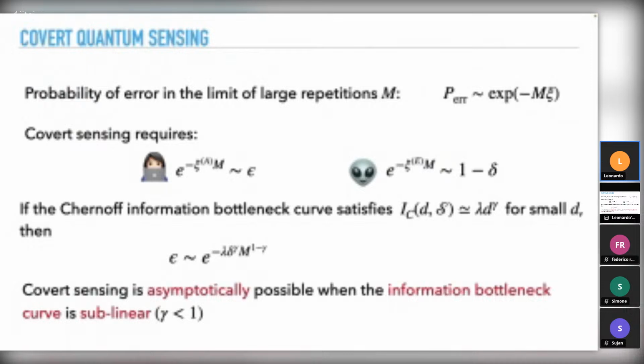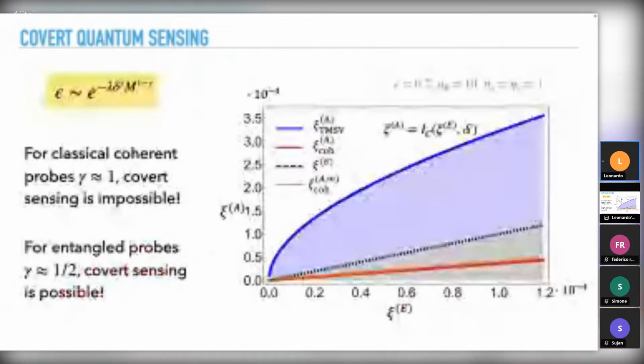So covert sensing is not possible if gamma is equal to 1, namely if the dependence is linear, while covert sensing is possible when the curve is sublinear, namely when gamma is smaller than 1. And you can see from here that in the case of entangled states, this curve is sublinear, like a square root.